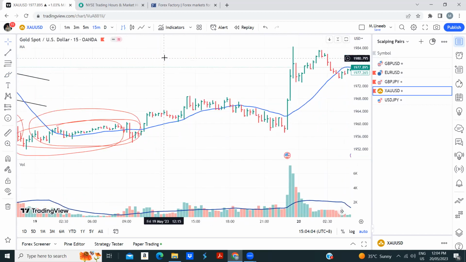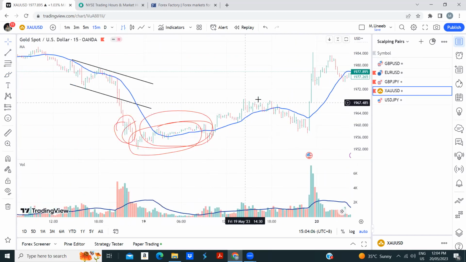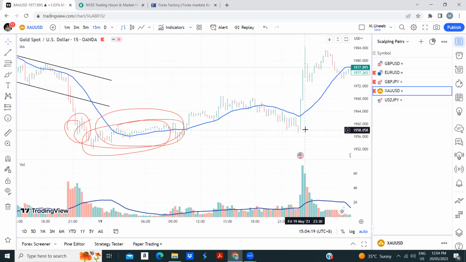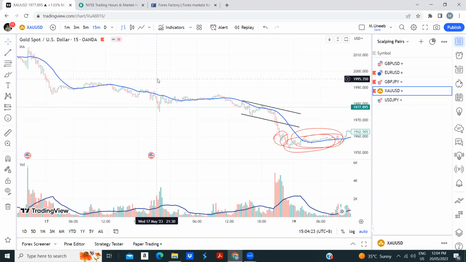And then we have this accumulation base. After the accumulation base, we know the market is reversing. This is the selling climax, this is the accumulation base. So the next move would be that the market would go up the next day. Any problem? Issue?